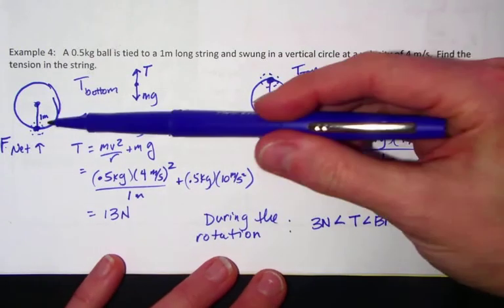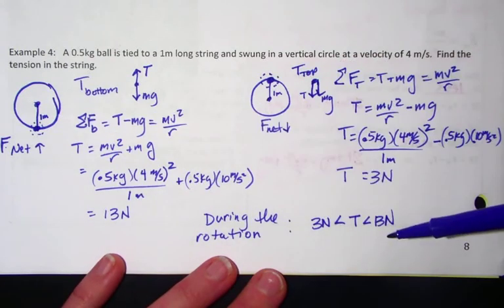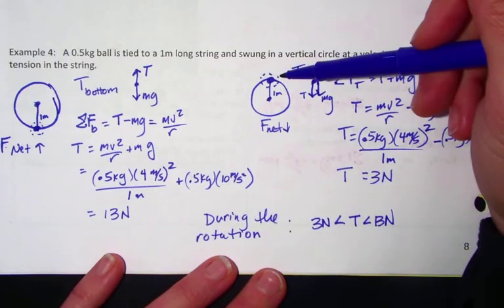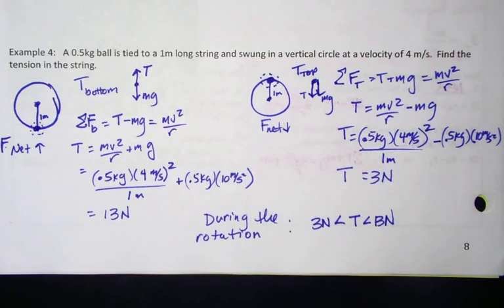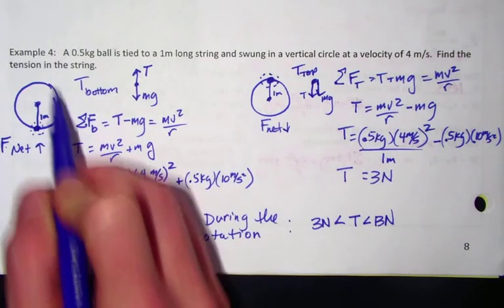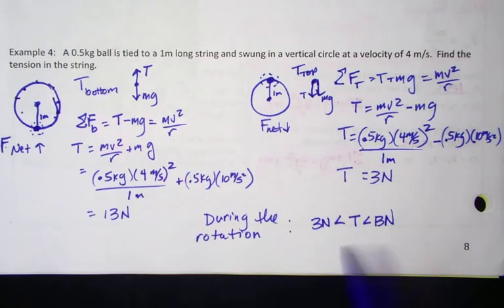So at the bottom, it is going to have the strongest tension, right? And the smallest tension it's going to have is at the top. So we can have all these values in between depending on where your rock is located. All right, it's always going to be in between these two max tension values.